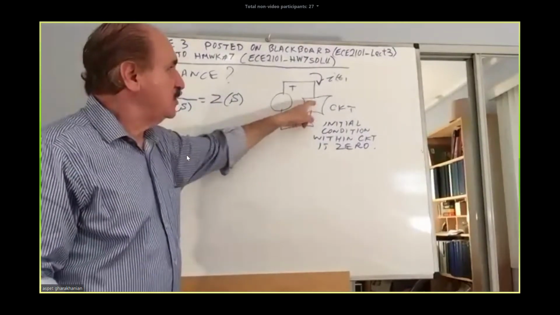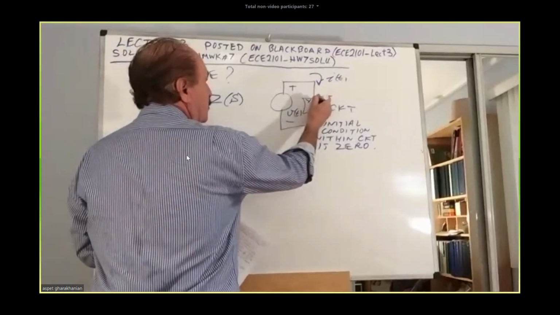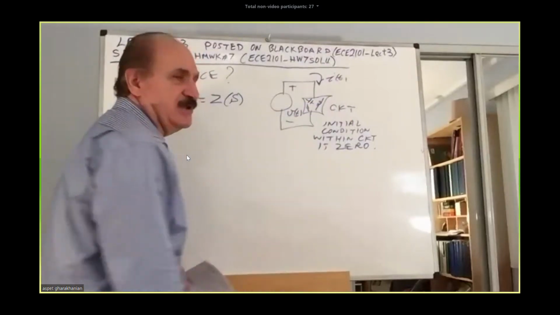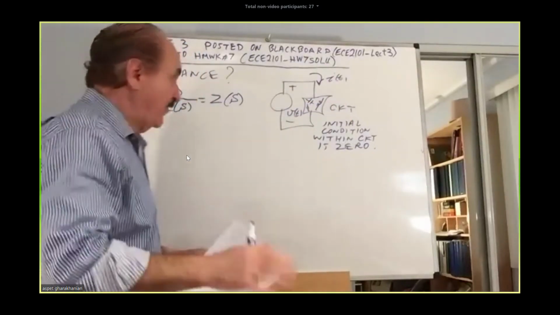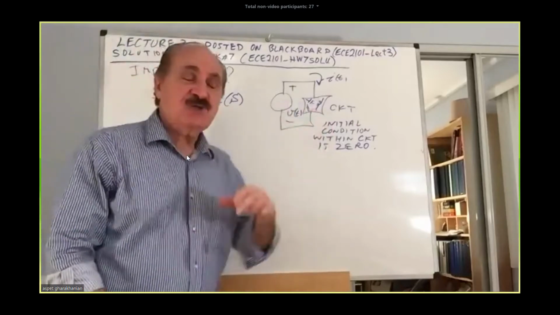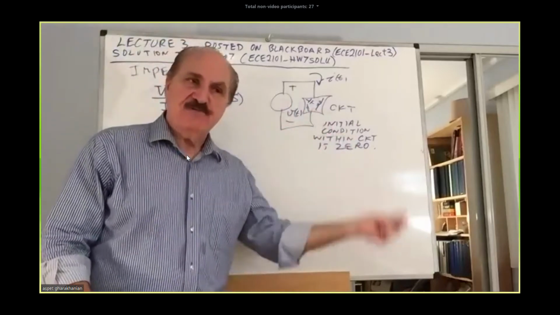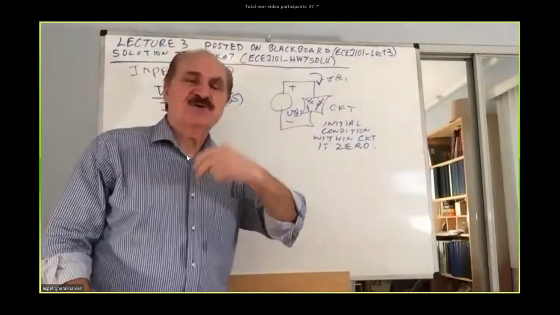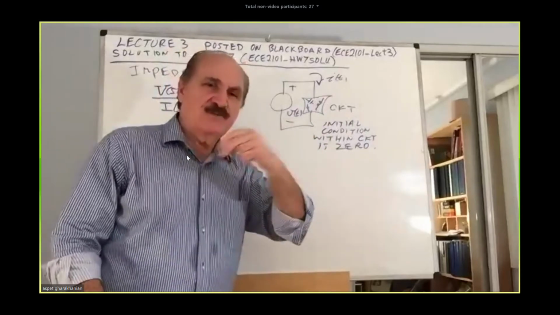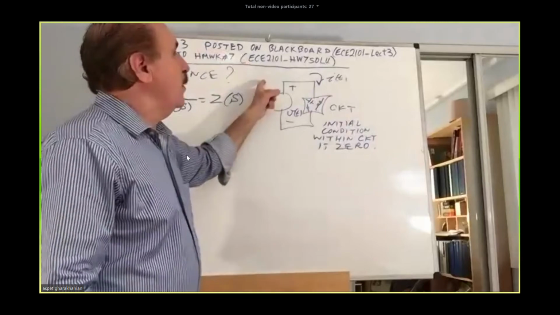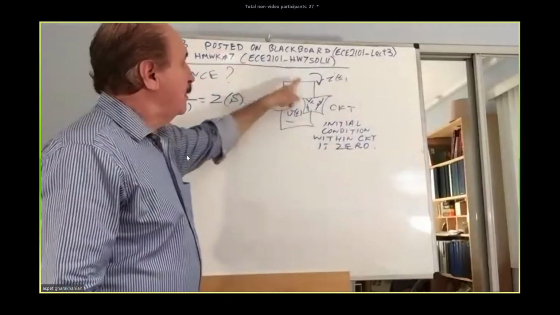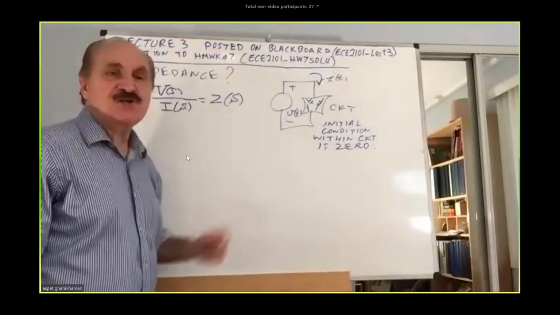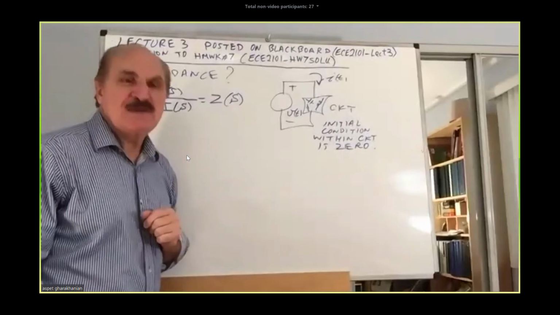So if this circuit contained capacitors, inductors, here and there, many of them, resistors, etc., linear elements, and provided all of these inductors and capacitors had an initial condition of zero, meaning that the capacitor voltages were all zero, inductor currents were all zero at the time zero minus, then one can derive Laplace of the voltage to the Laplace of the current in terms of a complex function called the Laplace impedance.